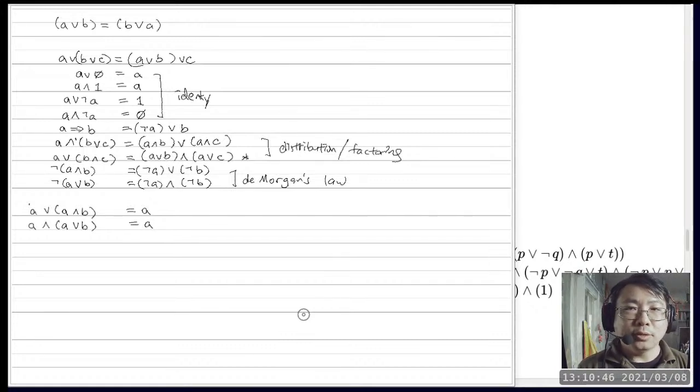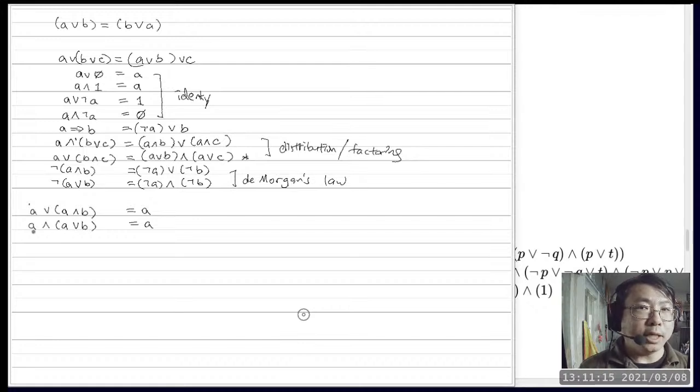Because in this case, in a conjunction, we can remove things that are more general. So when you think about A, which is itself an expression, and then you think about A or B, which is a more complex expression, one thing we know about A or B is it's going to be more general compared to A. So in a conjunction, if A is already true, we know A or B is also going to be true, so it is useless.